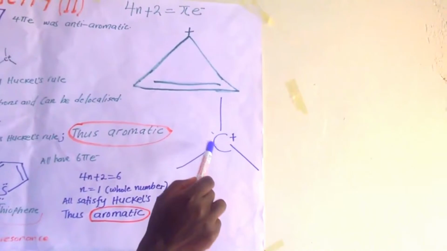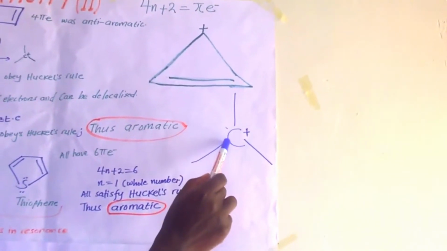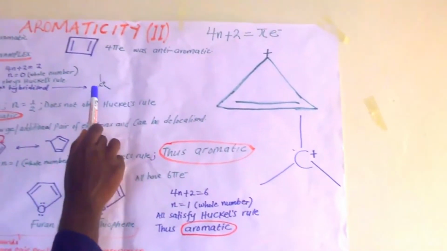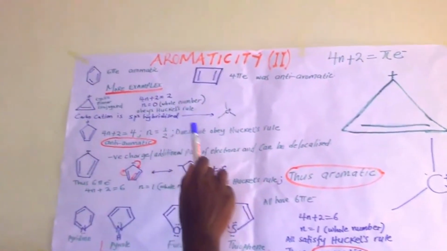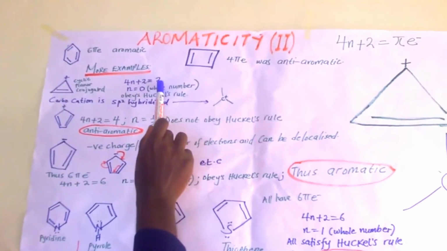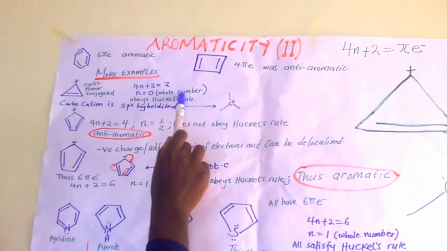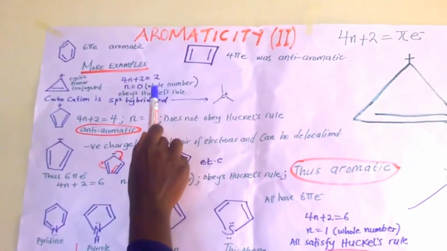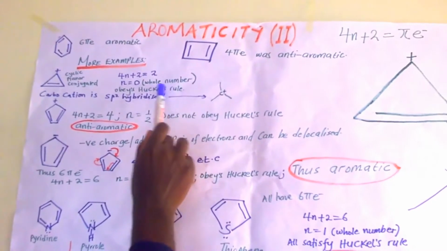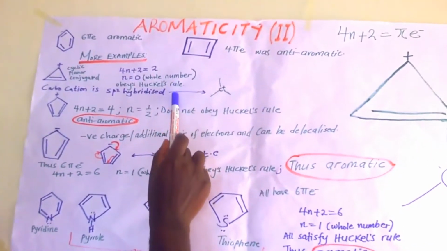Now we want to see, does it obey Huckel's rule so that we can conclude that this compound is aromatic or not. Going back here, 4n plus 2 is equal to 2 electrons, and our n is equal to 0. 0 is a whole number, it's not a fraction. Therefore, this compound is aromatic because it obeys Huckel's rule.